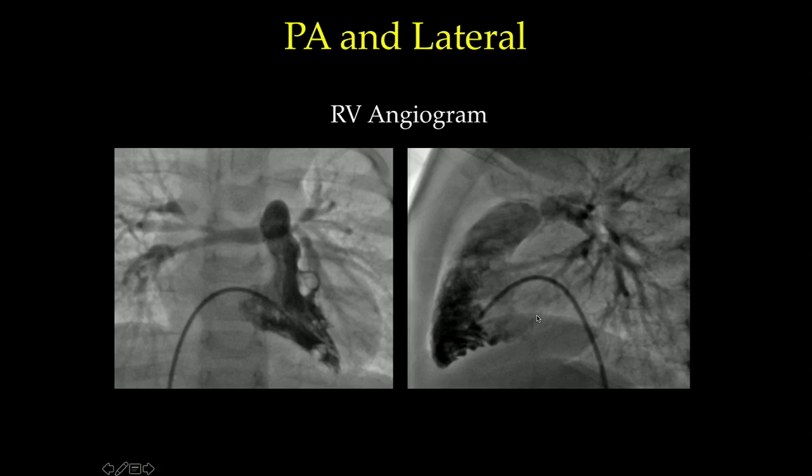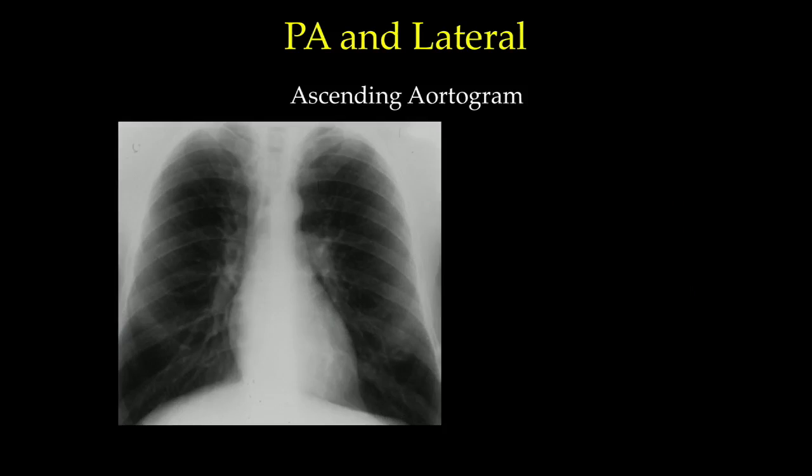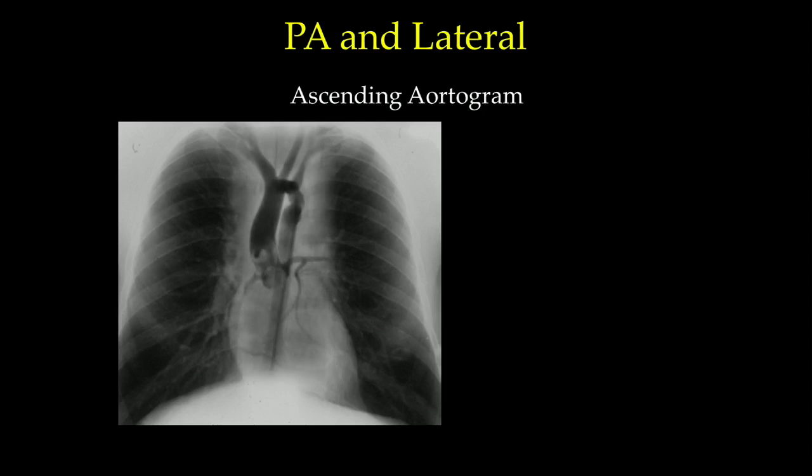So this is the, let's see, let me just move to the ascending aorta. So if we want to look at the aorta, and we want to get a perpendicular view of this arch, when we look at the PA view, we can see that the ascending aorta is almost overlying the descending aorta, but it's just a little bit to the right.